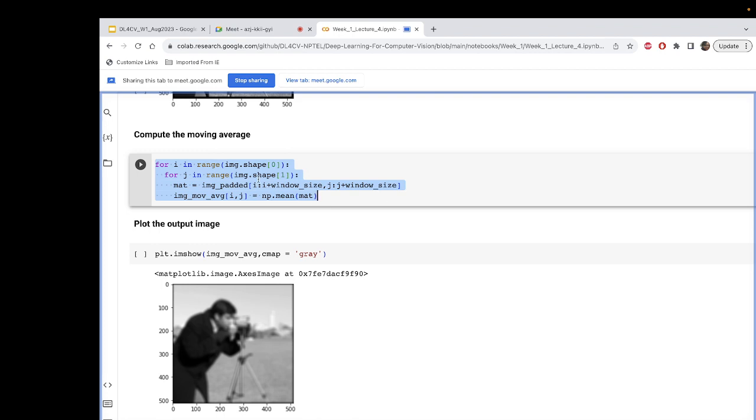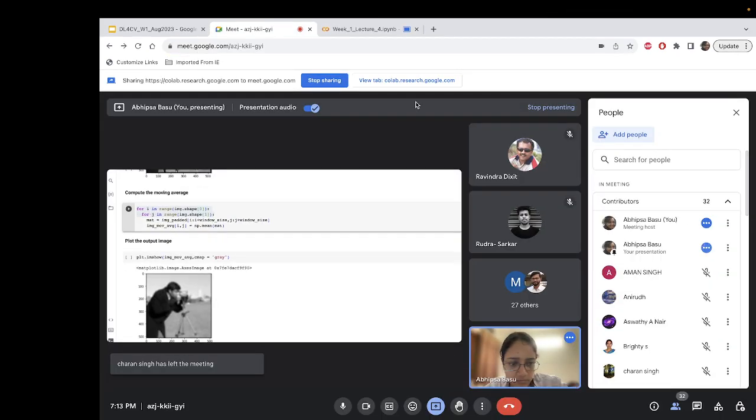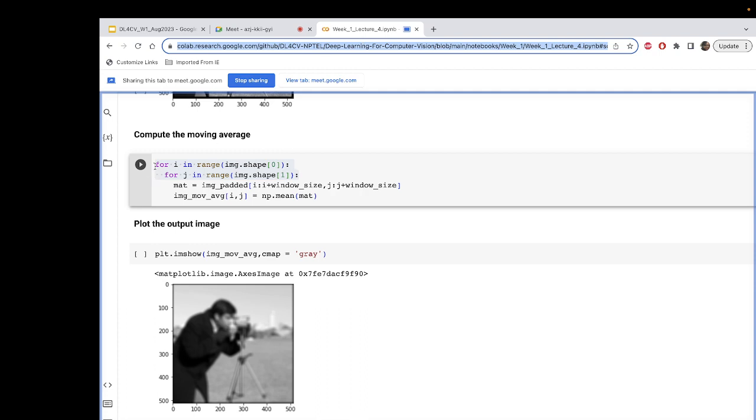Similarly, based on what I said, it's doing the same thing. You visit all the rows and columns of the matrix, and you go to the image underscore padded one. See that here you are not using any filter. All you are doing is visiting the ijth location of the image, and the window size that you had. 15 was the window size, if you remember. So this is the patch that you take.